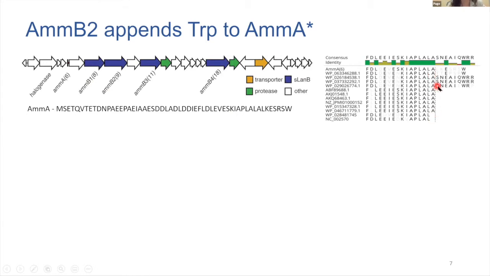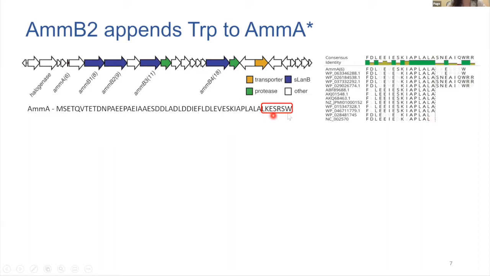What we find is that some of these precursor peptides have an extension sequence at the C terminus, and other sequences terminate in this C-terminal alanine. We hypothesized that potentially one of the two types of proteases encoded within the biosynthetic gene cluster might be responsible for the cleavage here, and that indeed the tryptophan would be added to the C-terminal alanine.